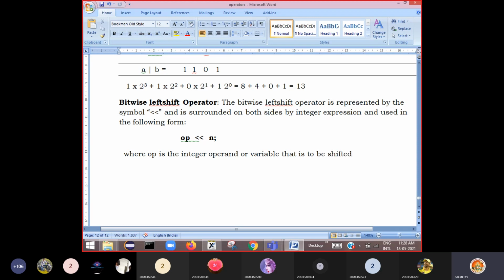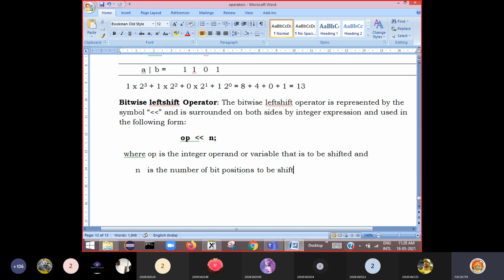The operand in which you want to shift the values or bits, you must write on the left hand side. And n is the number of bit positions to be shifted.